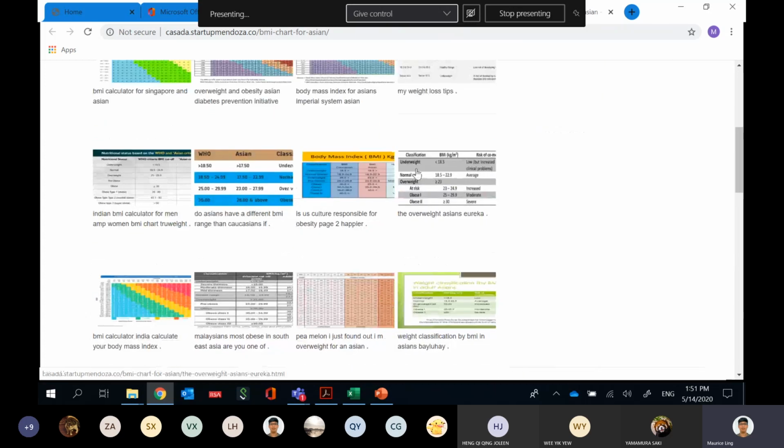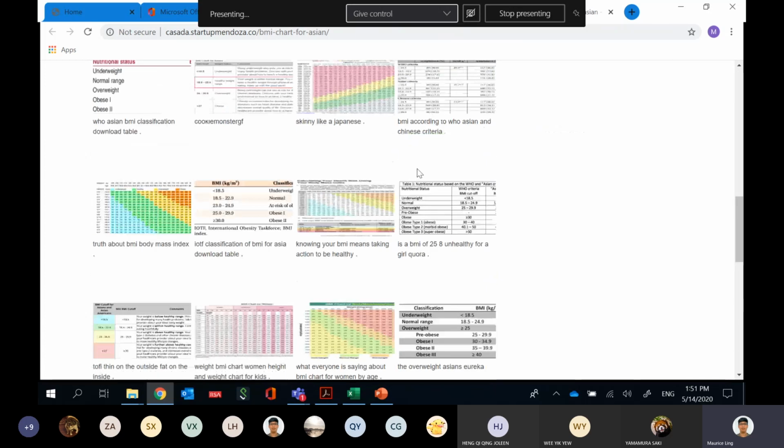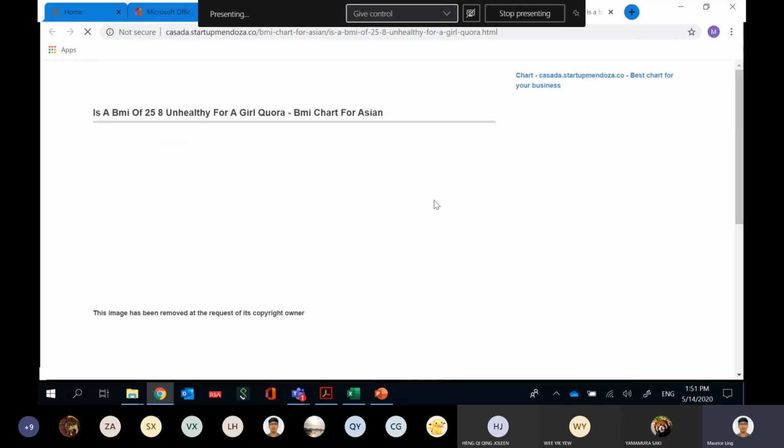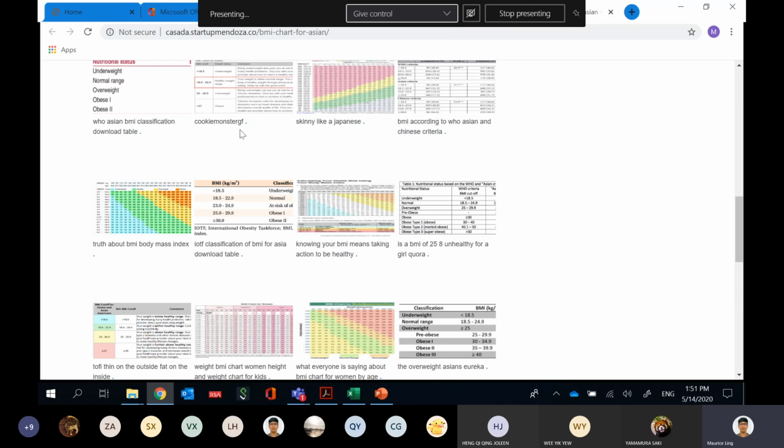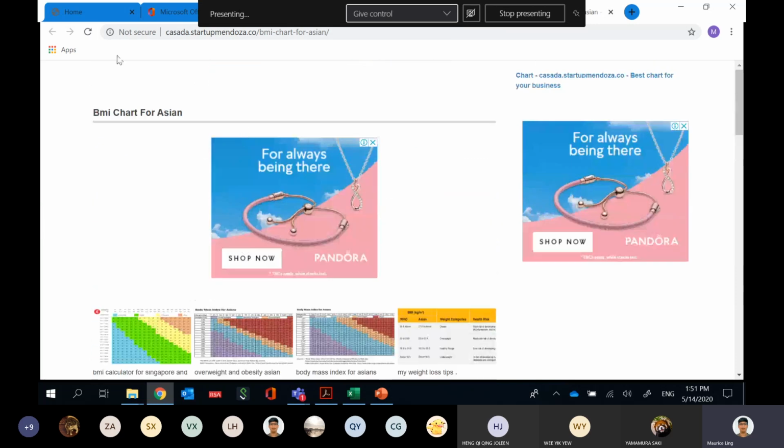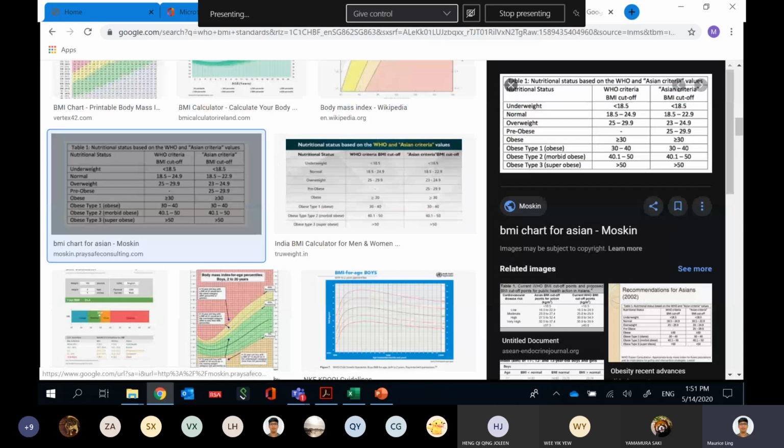Where on earth is the chart when I want it? Okay, doesn't matter. Let me just run it down. Okay, you look at this chart, it's a bit small.